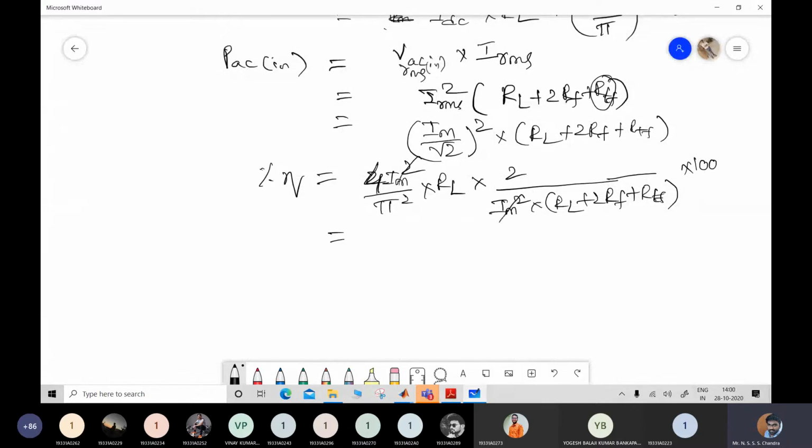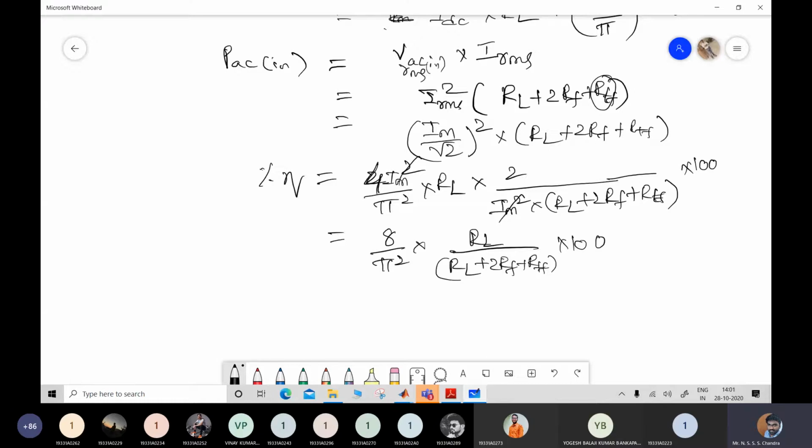So Im square cancels, and we get 8 by pi square into RL by (RL plus 2RF plus RTF) into 100.